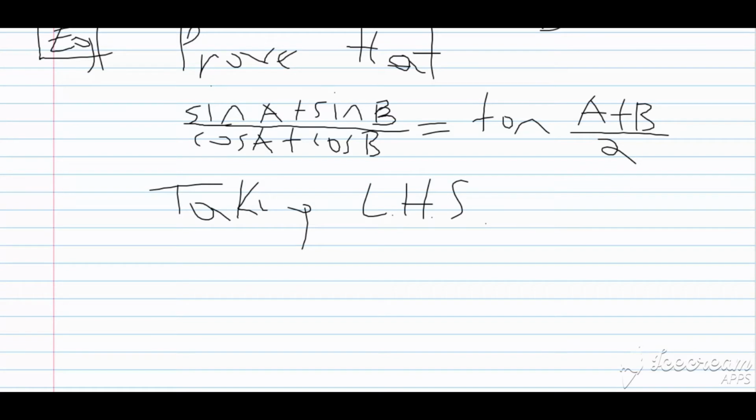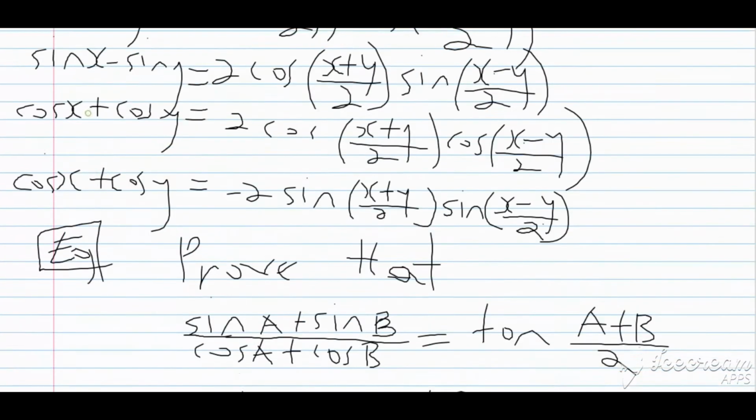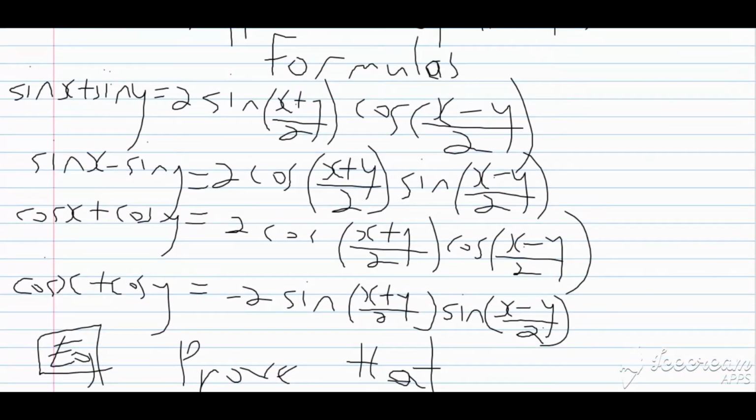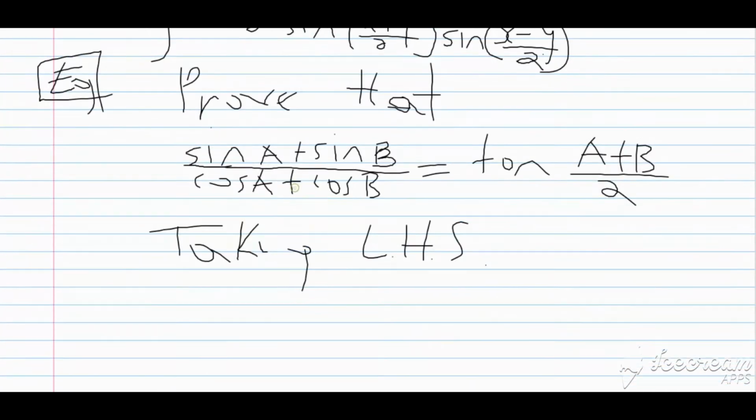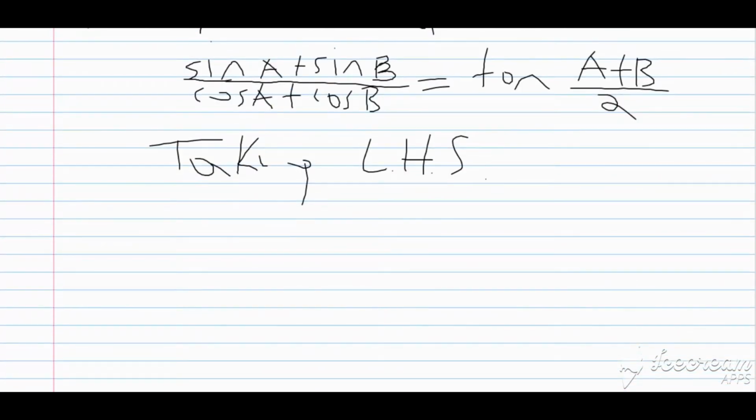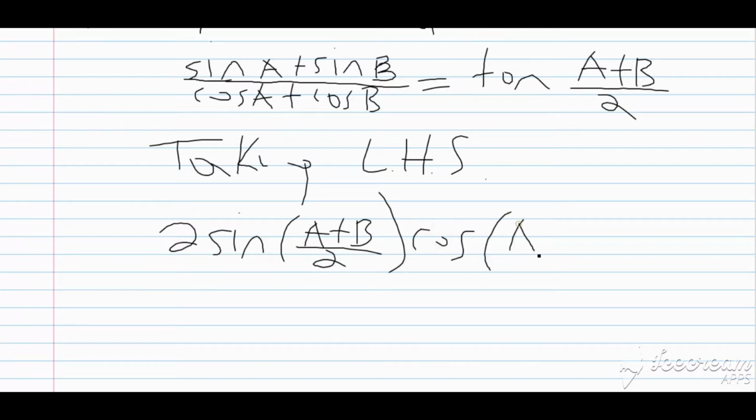Now, if we go back up here, we found out that the sine of x plus the sine of y was equal to 2 times the sine of (x plus y) over 2 times the cosine of (x minus y) over 2. So this would become 2 sine of (a plus b) upon 2 cosine of (a minus b) upon 2. And of course, the factor formulas are on the formula sheet.